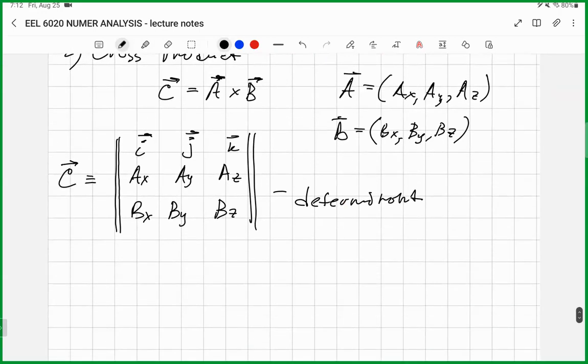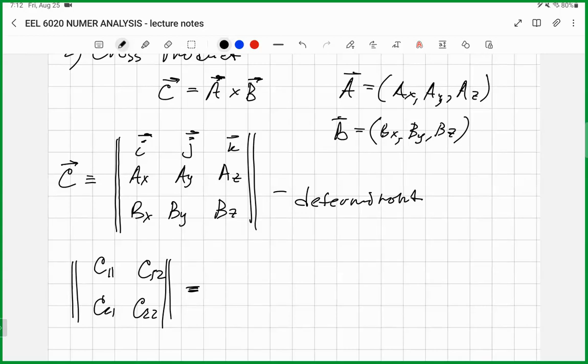So let me remind you what the determinant is. For some arbitrary matrix, let's say we have a 2 by 2 matrix first, with components C11, C12, C21, C22. Again, this is not a matrix, this is the determinant of the matrix.